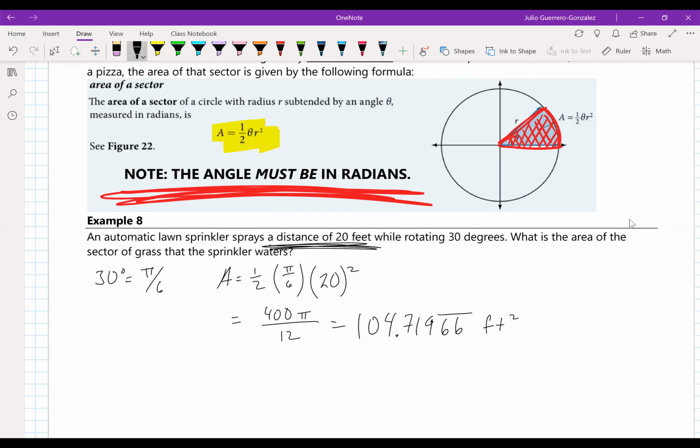So notice what this is for, right? This is the area of a sector. So if we measured it in feet, in this case, the area that it will cover is feet squared.